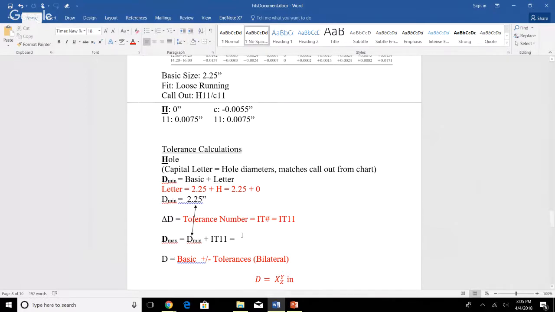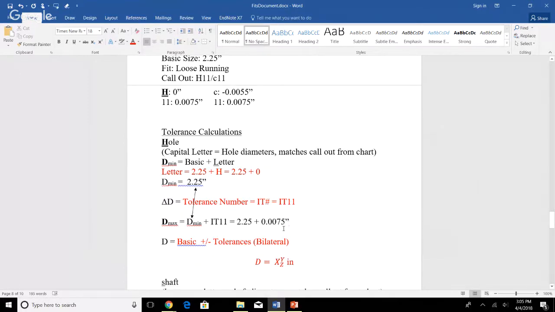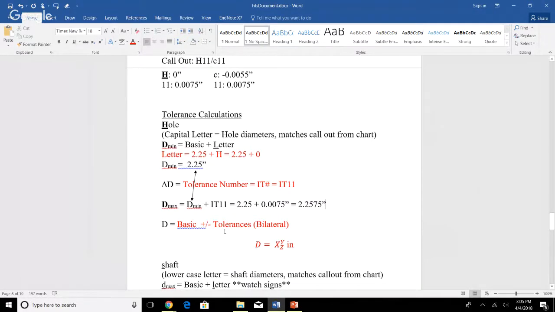And there, our calculation is going to be D minimum, which is 2.25, plus our IT number, which is 0.0075 inches. Okay, and then we'll run through some quick math, and we can see that our maximum allowable diameter is 2.2575 inches.